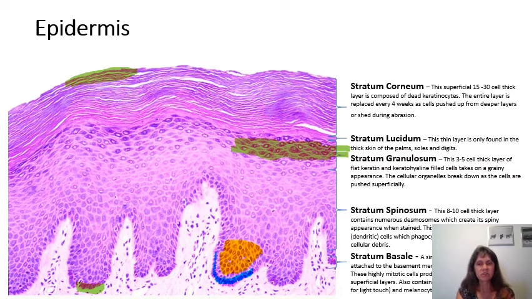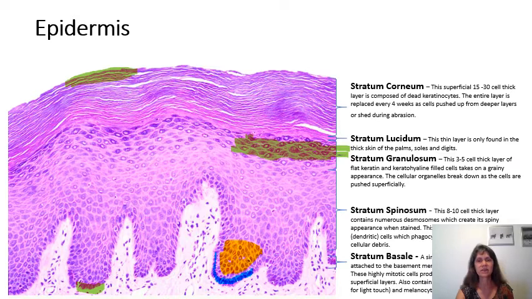The stratum granulosum is, again, normally between 3 and 5 cell layers thick. That can vary, and it's filled with organelles that are breaking down, as well as keratin and keratohyalin molecules.